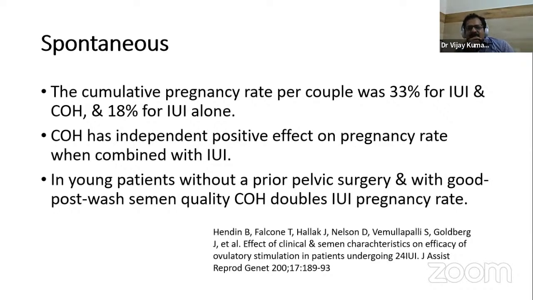If we combine ovulation induction with IUI, per cycle there is about 33% chance of pregnancy compared to only 18% for IUI alone. So controlled ovarian hyperstimulation has an independent positive effect on pregnancy rate, especially when combined with IUI. That is the reason the IUI always has to be done along with the ovulation induction.